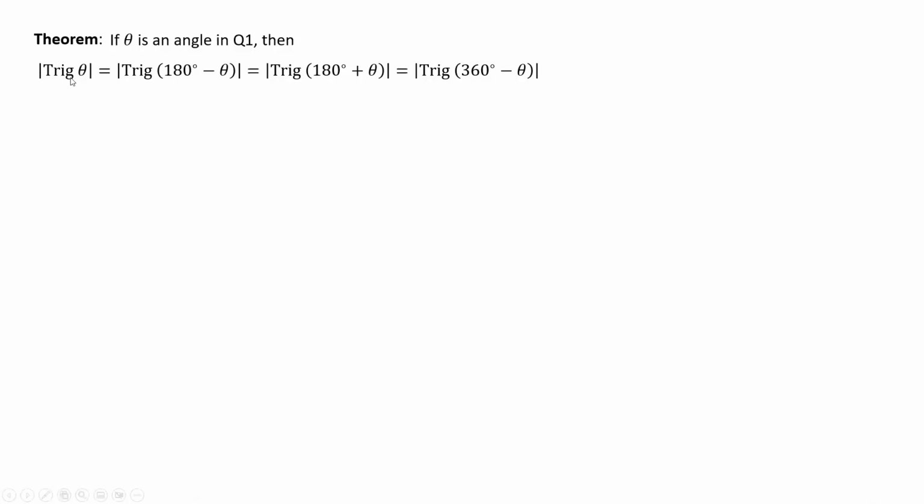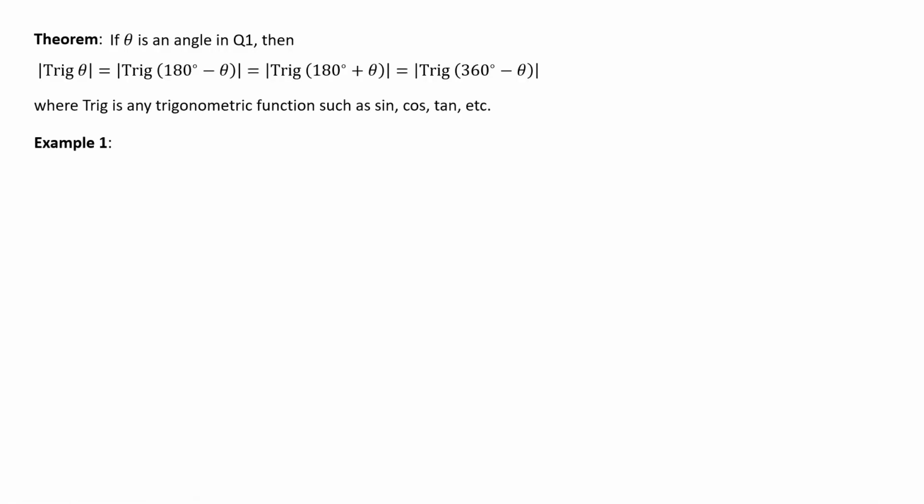That is, the absolute value of whatever the trig function is of theta is the same as the absolute value of that same trig function of 180 degrees minus theta, and so on. That's the key. Okay. Now, where trig is any trigonometric function such as sine, cosine, tan, etc.